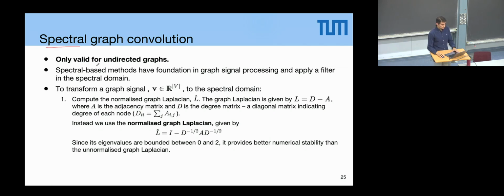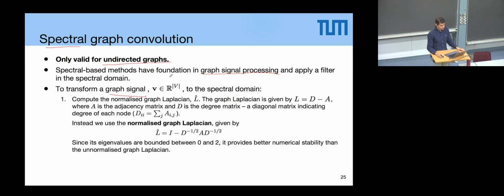So let's begin with the spectral graph convolutions. First important thing is that they only work with undirected graphs. They don't work with directed graphs. They borrow ideas from graph signal processing, and here we work with signals, so we need to define this.